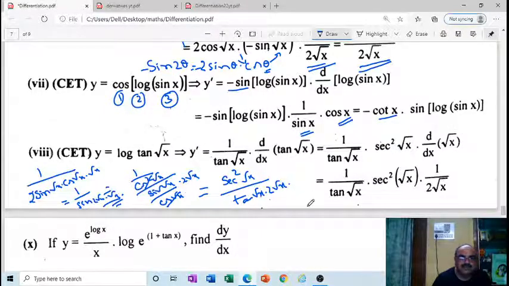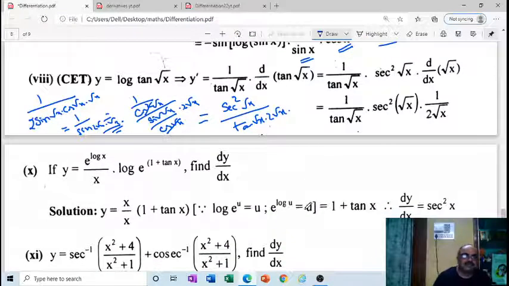Let me go into the next concept. Y equals e power log x by x into log of e power 1 plus tan x.